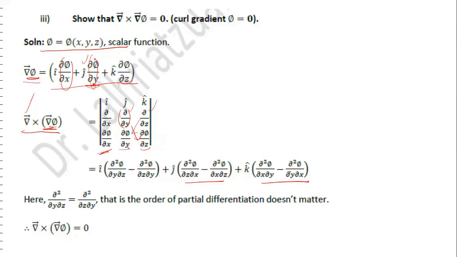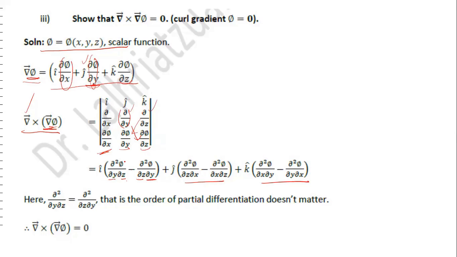And we know that phi is a scalar quantity. In a scalar quantity, whether you differentiate first with z and then with y, or you first differentiate with y and then with z, it does not matter. So you will get the same result. If you interchange the order of differentiation with respect to the space variables, you get the same result.